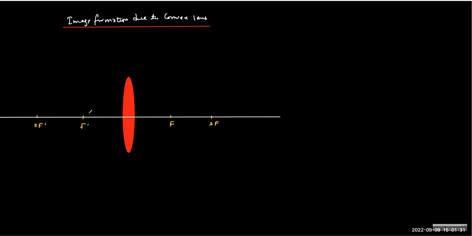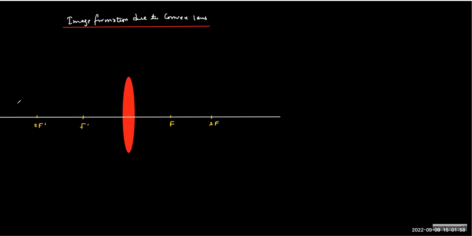So what is F dash here? Anything which you start from here will become parallel, or anything which starts from here will exactly go here, and anything which goes through the axis will pass undeviated. So these are the ideas that you should be careful about, that what kind of rays we can have, or what are the possibilities.